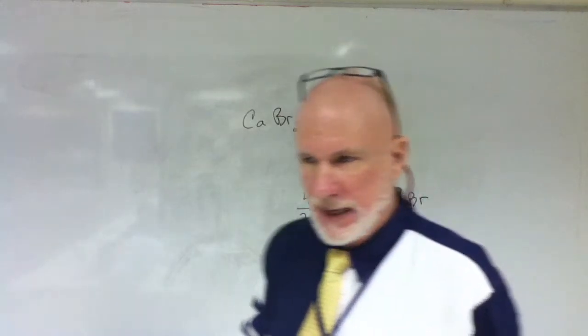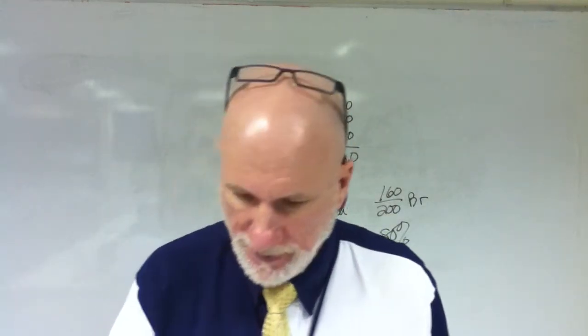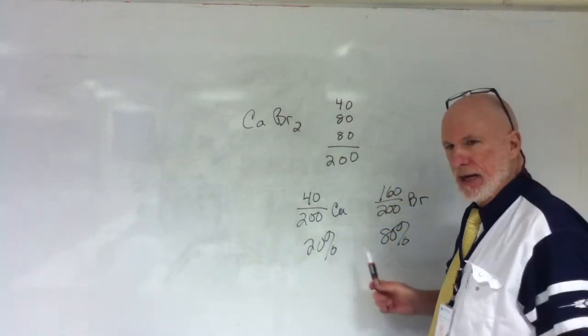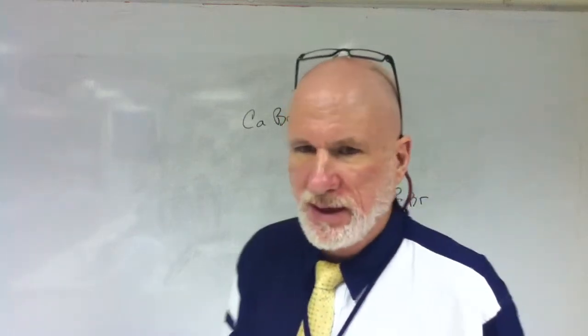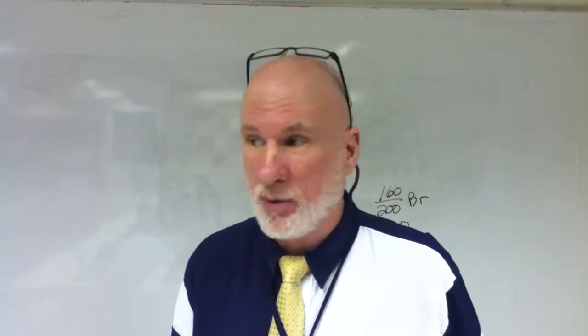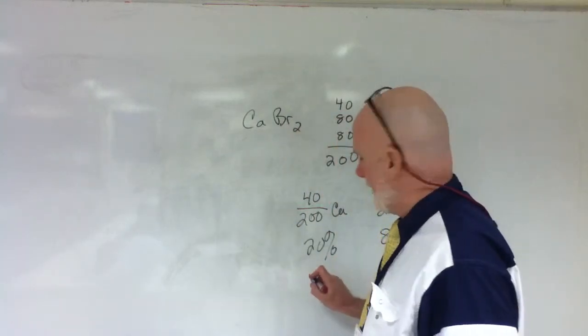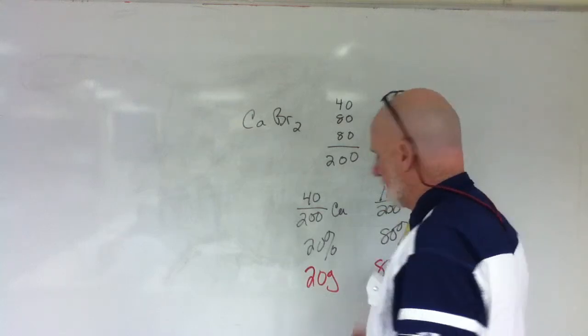Correct? Now let's say you're given a substance that is 20% calcium and 80% bromine. What's the empirical formula? So now we're going to work backwards. We assume it's based on 100 grams, so that'll be 20 grams and 80 grams.